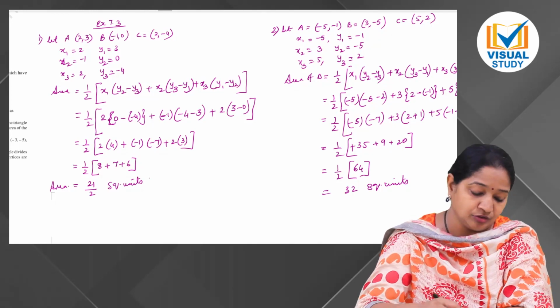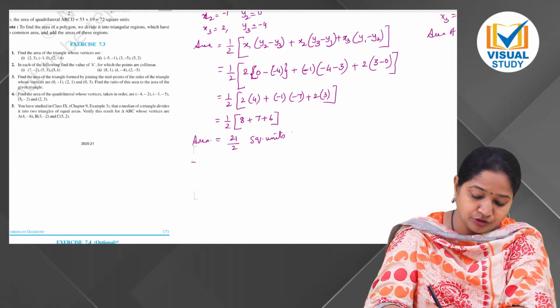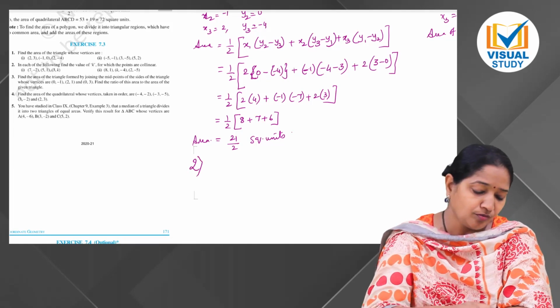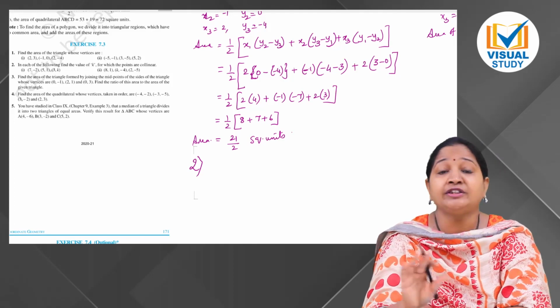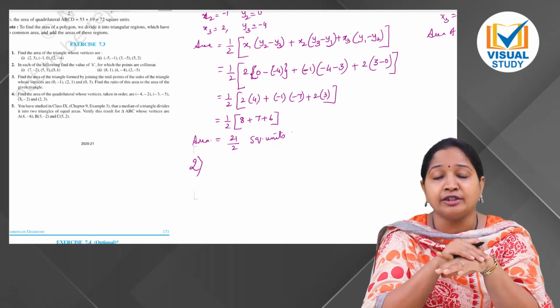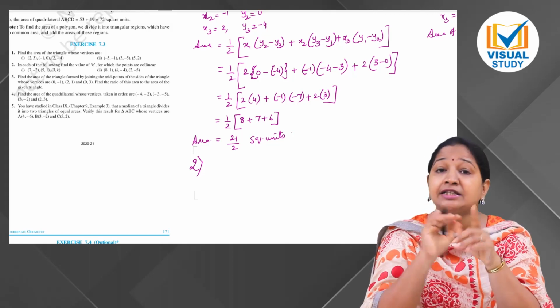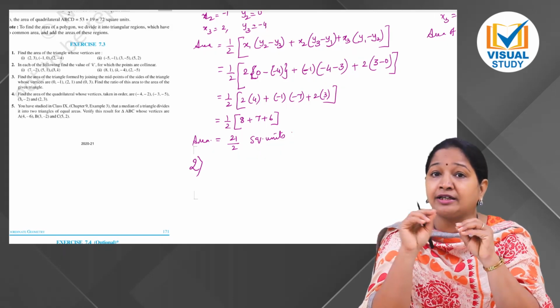Okay. Now what is our second question? In each of the following, find the value of k for which the points are collinear. Now what I said earlier, if the points are collinear, then the area of a triangle is 0. When the points are collinear, the area of a triangle is 0.